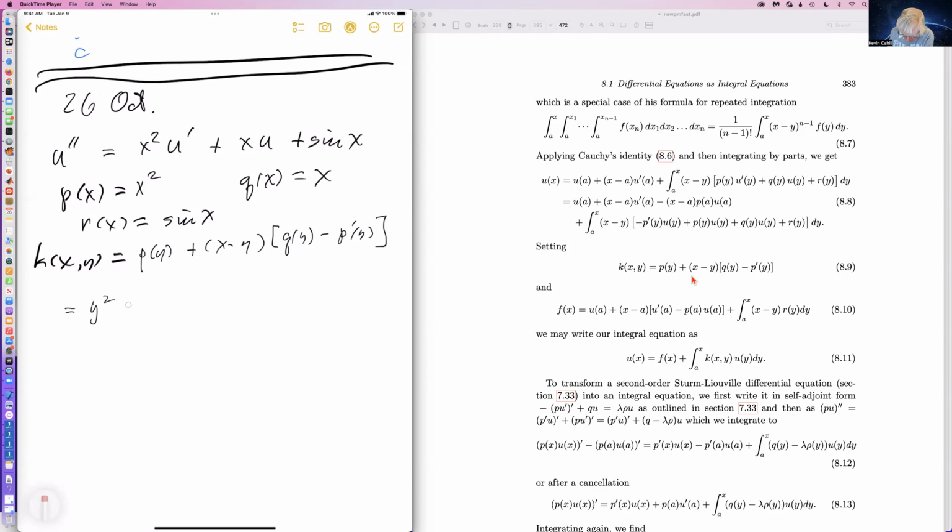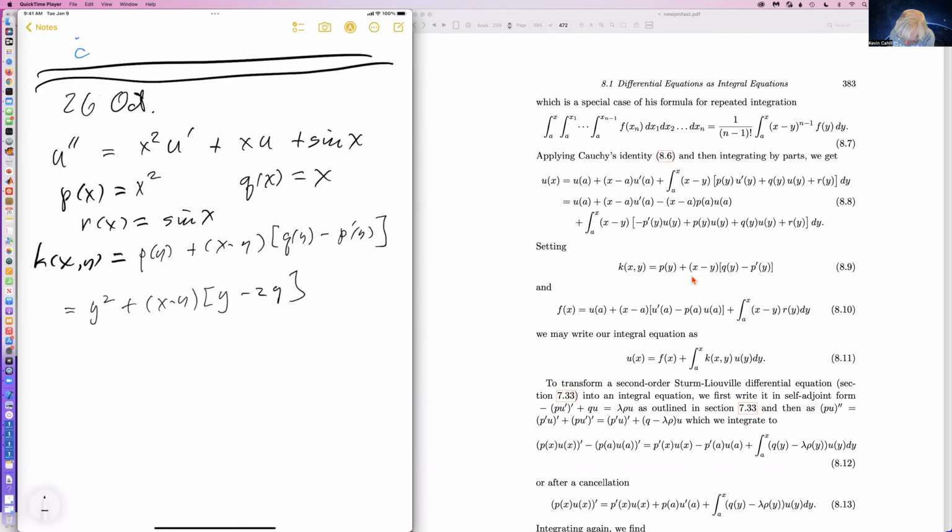And then we have x minus y times q of y. Well, q of x is x, so q of y is y. And now we have minus p prime of y. Well, p prime is 2x. So p prime of y is 2y. And then we subtract 2y.